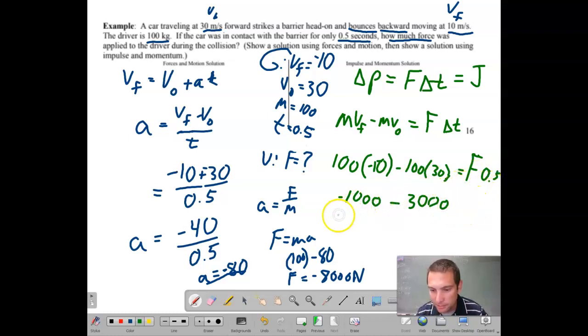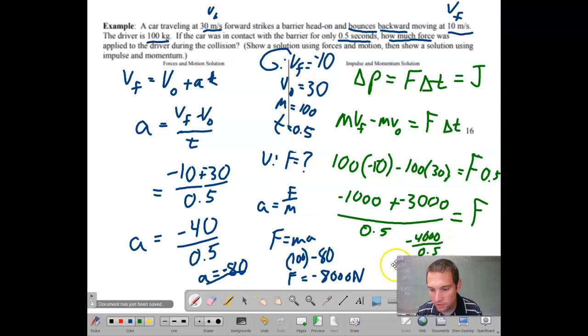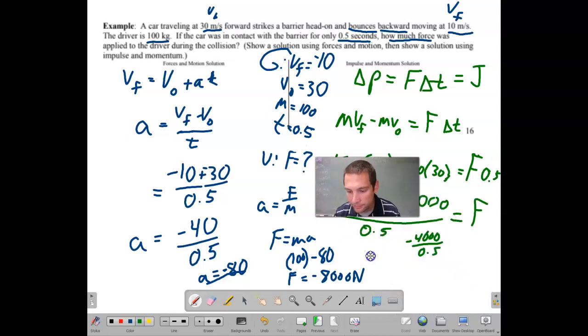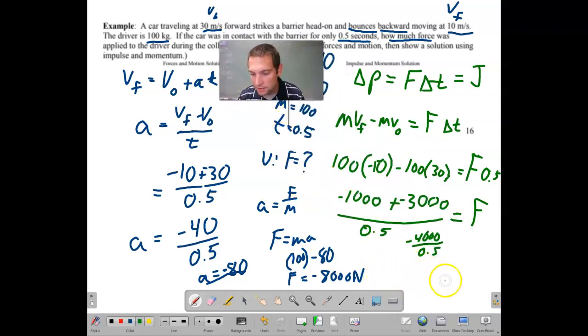I'm going to divide each side by 0.5. Kind of save a step because I see I'm losing space here. Equals F. Negative 1,000 minus 3,000. We're subtracting a positive, so we're going to add a negative. So we get negative 4,000 divided by 0.5 to get our force. And when we plug that in the calculator, we get negative 8,000 newtons.